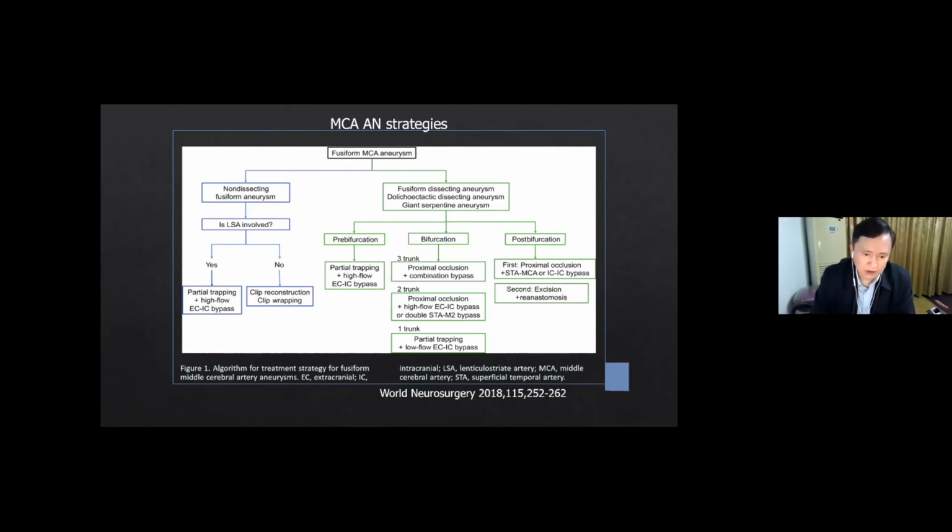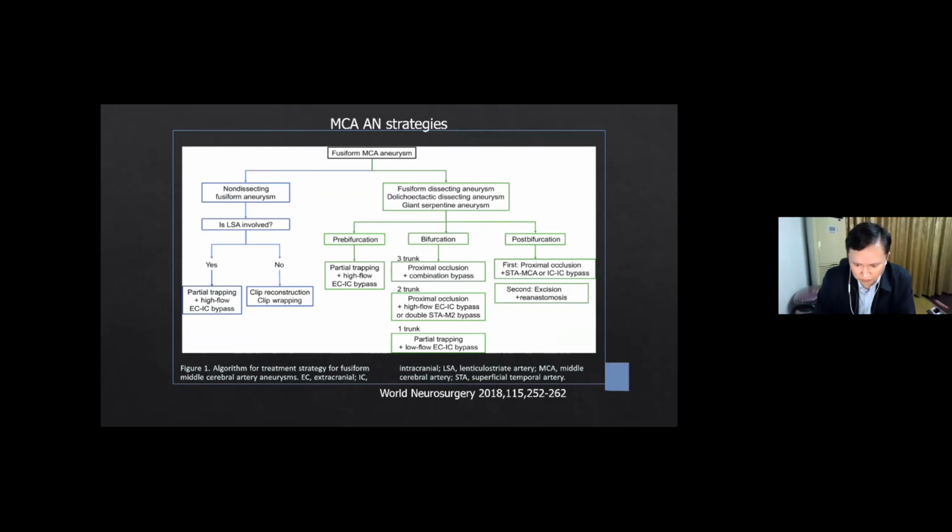If the patient only involves the perforators and some of the MCA distal territory, we use partial trapping combined with high-flow ECIC bypass. If all the bifurcations are involved, meaning all 3 trunks, we can use proximal occlusion combined with bypass. If 2 trunks are involved, we can use proximal occlusion combined with high-flow ECIC bypass or a double STA-M2 bypass.